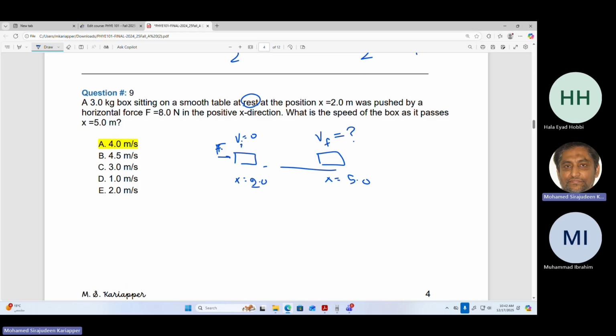In the same equation, the net work is equal to the change in kinetic energy. The force is given to us, so we find the work done by that force. It is a smooth table, so there are no other forces.